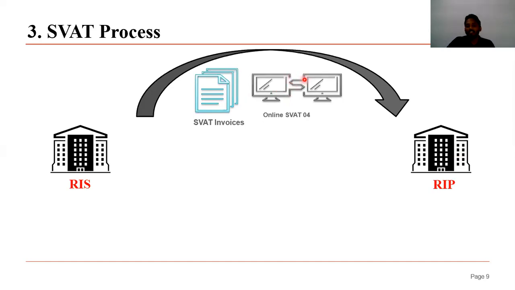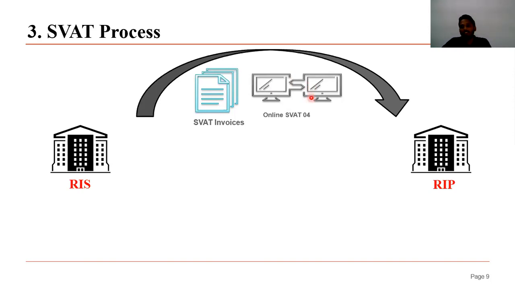Soon after you make SVAT supply, let's say in January you have 10 SVAT supplies, then in February, within 15 days, you need to update the system by entering all the SVAT invoices.